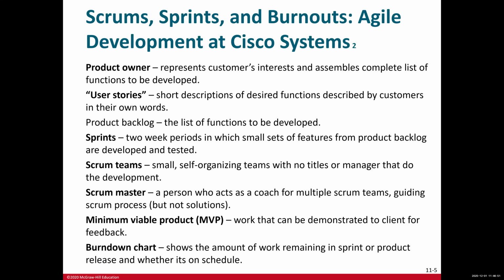We have different roles in a Scrum team as well, because a Scrum team is usually made up of small self-organizing teams of developers. They're very agile, very innovative, self-organized, and they can work collaboratively with the other members to complete the task as soon as possible.